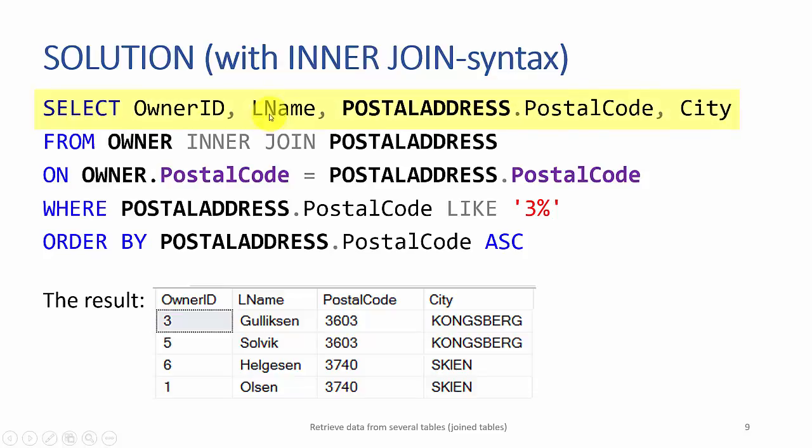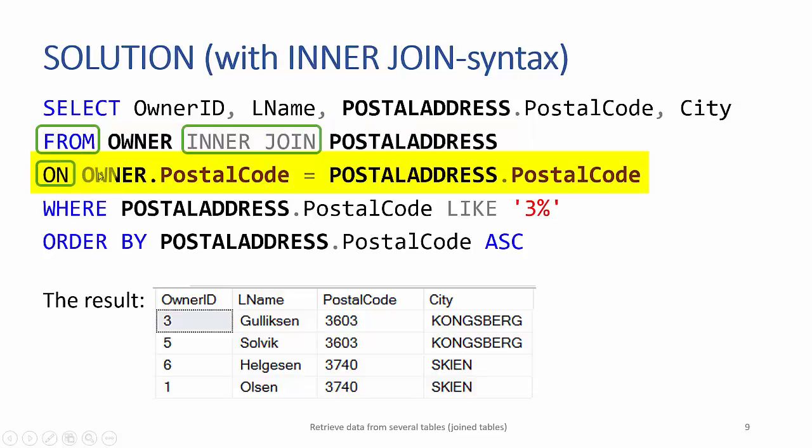The select part is exactly the same. We will list all the columns we want in return. And we have the from part, where we specify the first table, which is owner. We have this inner join, and we specify table number 2. We use the on keyword and specify which tables and on which column we want to join the tables, like here.